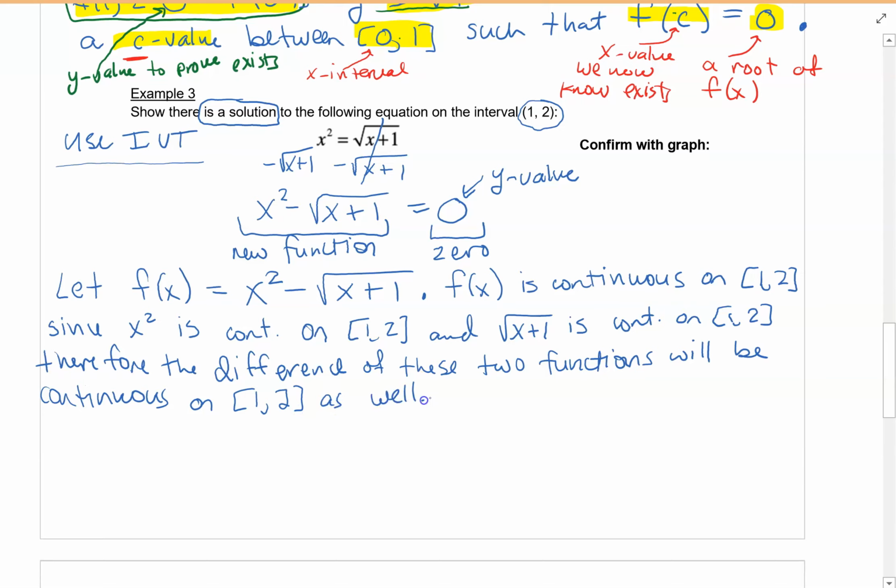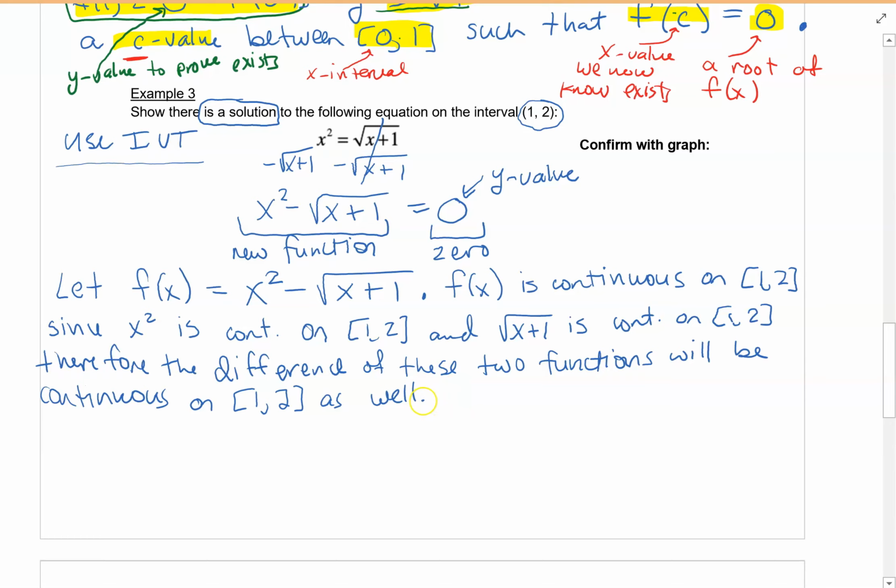Okay, so we start with the condition, this difference of two separately continuous functions is also continuous by the subtraction property of continuity. And you don't have to say that last part. You can just say it's the difference of two continuous functions, so it's continuous as well.